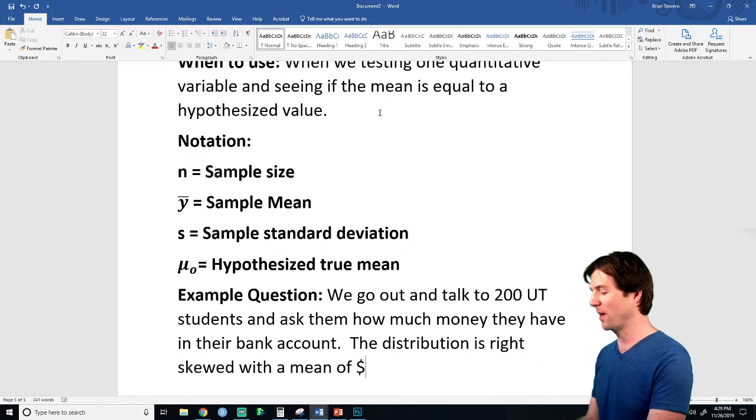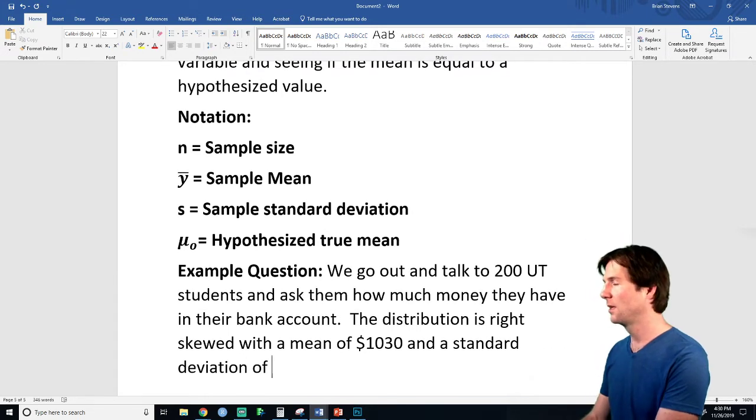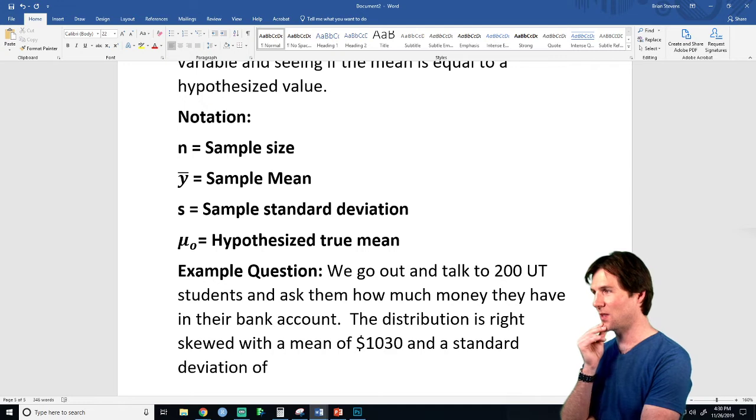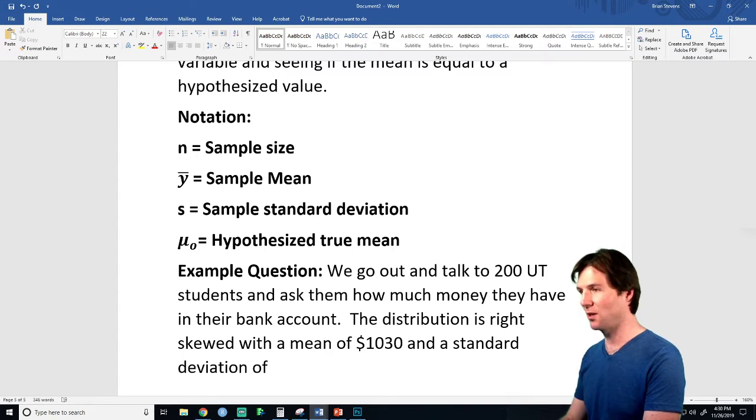I'm working the math in my head. Okay, I got it. 1,000, there we go. Let's do that. And a standard deviation of, I'm literally trying to solve this as we do this to see if I can get us some pretty decent values. Okay, so let's do this. Let's say a standard deviation of 700. Cool, this will be pretty interesting.